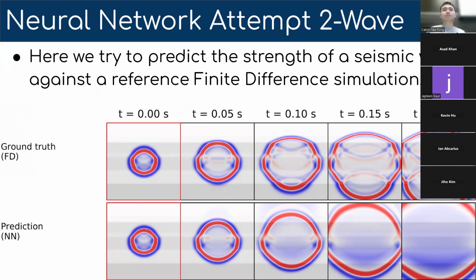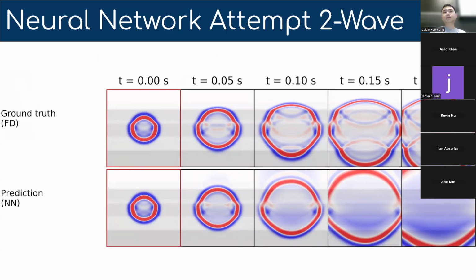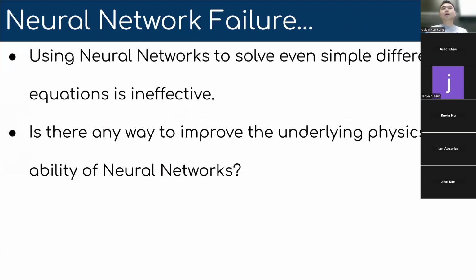So this is pretty problematic. We wouldn't want this to happen when we try to design any other systems on top of these using neural network methods. But is there any way we can improve the underlying physics abilities of these neural networks? These direct approaches just aren't working for us right now. Any questions?